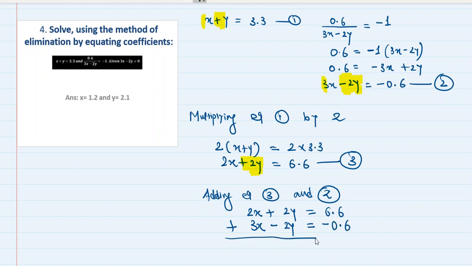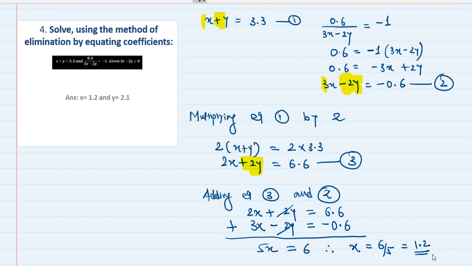No need of leaving a gap or anything because there is a plus sign. We are not going to change any signs over here. So simply adding, 2x plus 3x is 5x, 2y minus 2y gets cut, and 6.6 minus 0.6 is nothing but 6. So therefore x is equal to 6 by 5, which is 1.2.